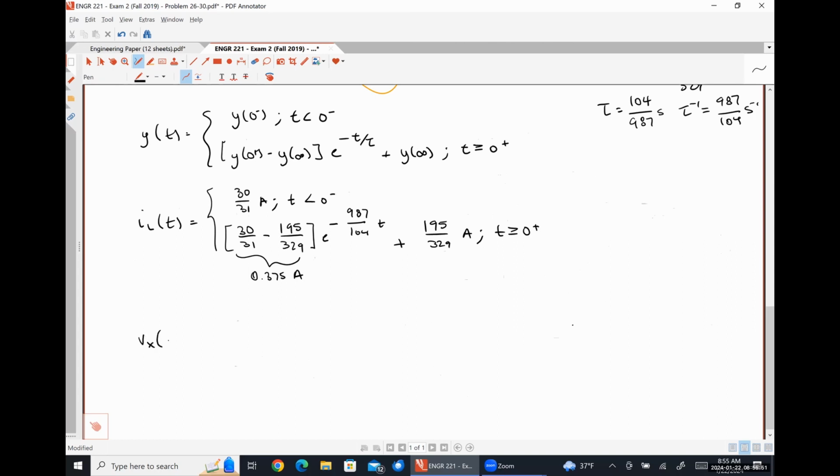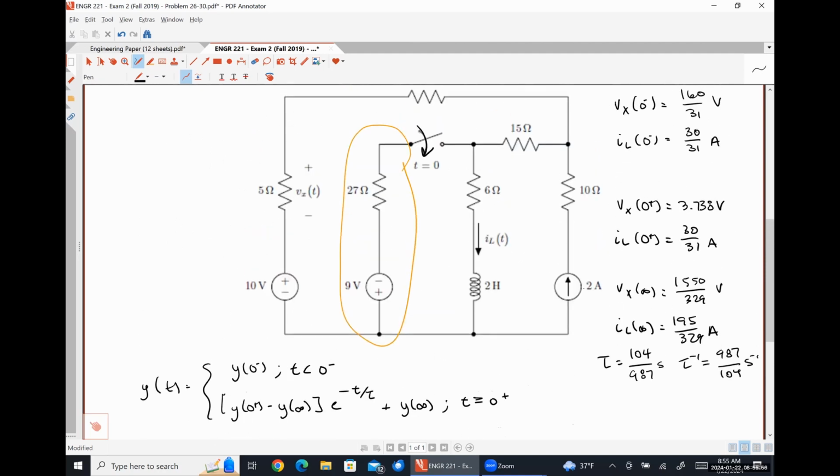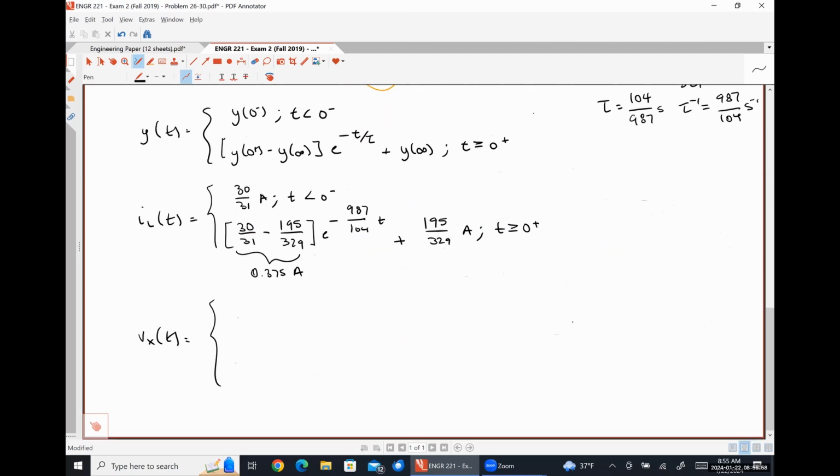For Vx, we're going to have the voltage at 0 minus, so 160 over 31.